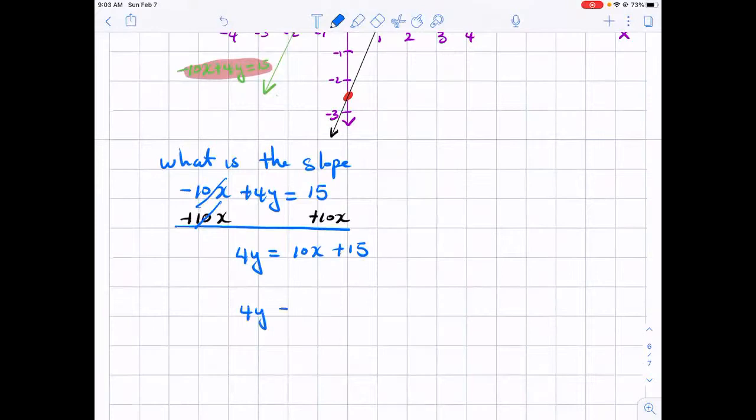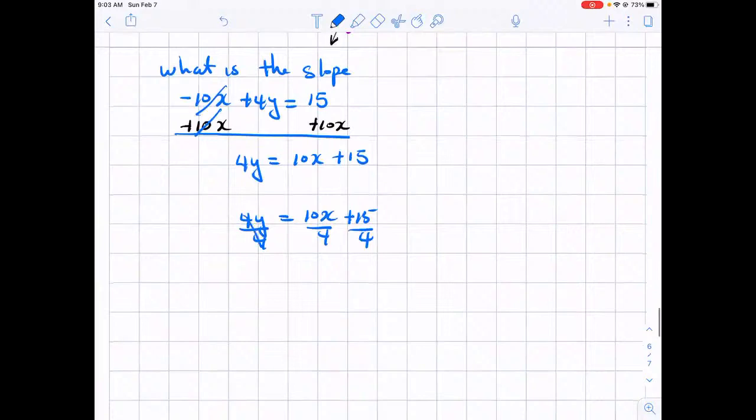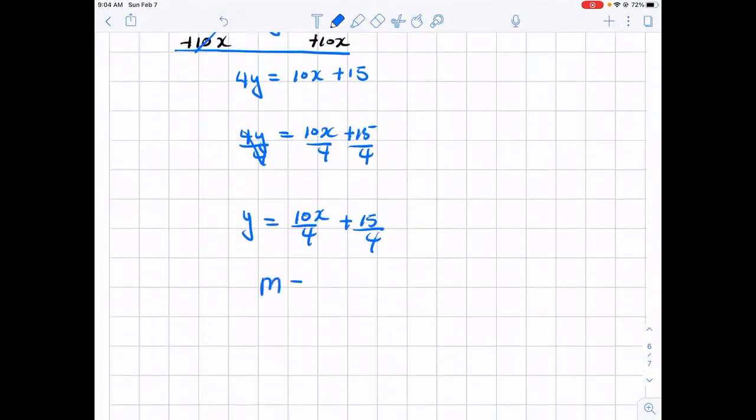And I divide every term by 4. So 4 divided by 4 leaves 1, so y is equal to 10x over 4 plus 15 over 4. So m here is 10 over 4 or 5 halves, if I divide this by 2 and I divide this by 2. Now, the slope of this line is 5 halves.